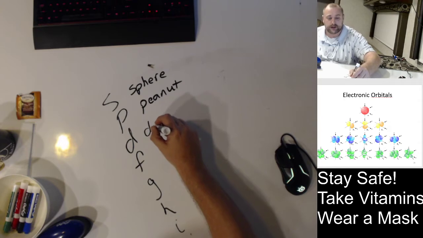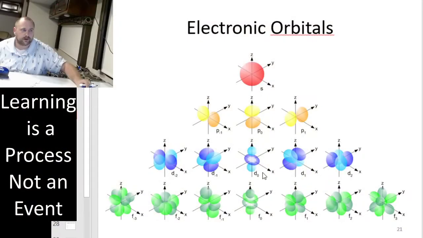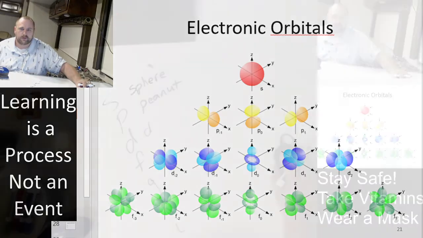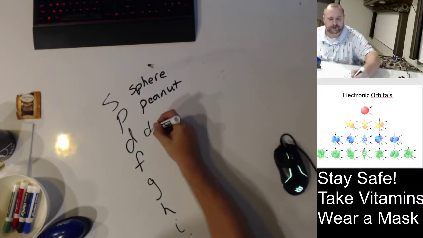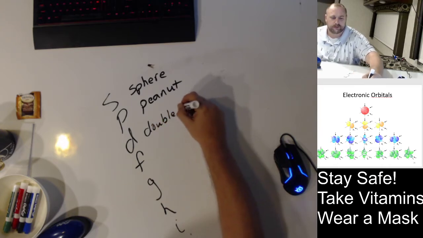All right. D, I used to struggle with what do you call this shape? All right. It's kind of 4 lobes, right? There's 2 positives and 2 negatives. So 4 out of the 5 are these weird shapes. Okay. So a student much smarter than me at one point told me that was a double peanut.